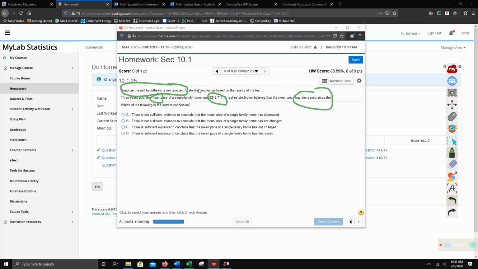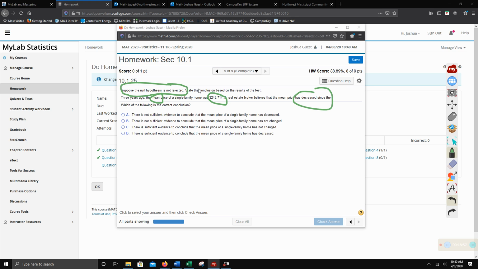We're looking for evidence to say, hey, the mean price has decreased. So we say there's not sufficient evidence to say that it's decreased, or there is sufficient evidence to say that it has not changed. The null hypothesis is not rejected. We find sufficient evidence to reject the null. There is not sufficient evidence to not reject it.